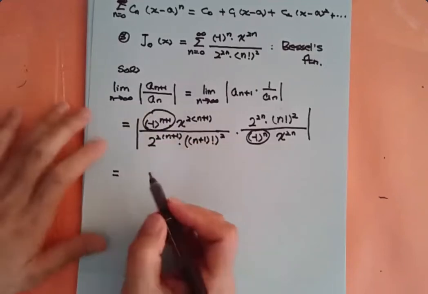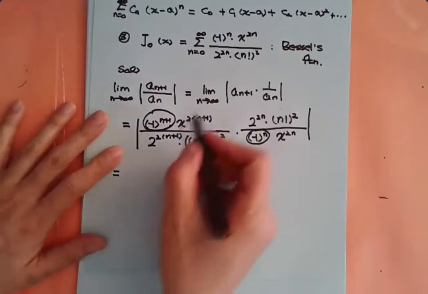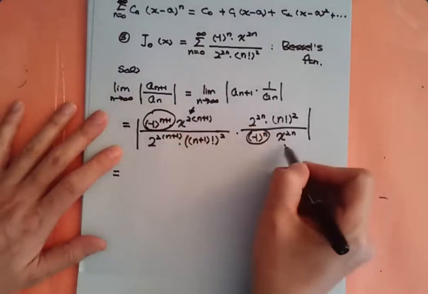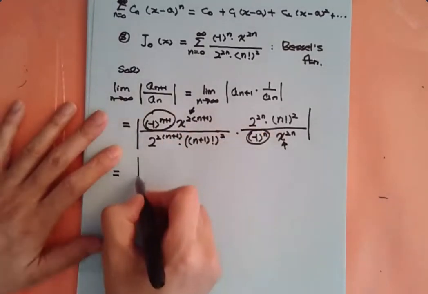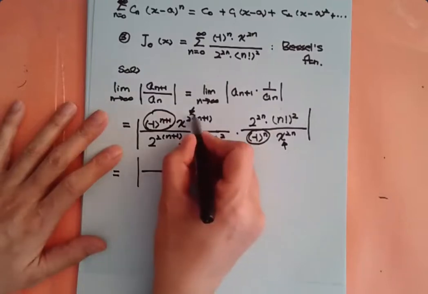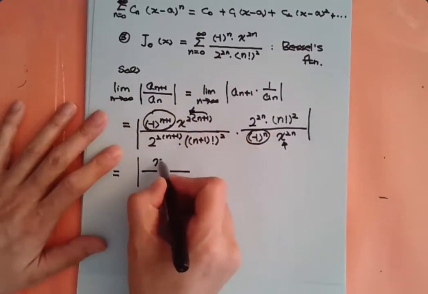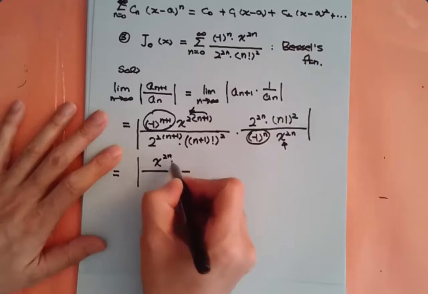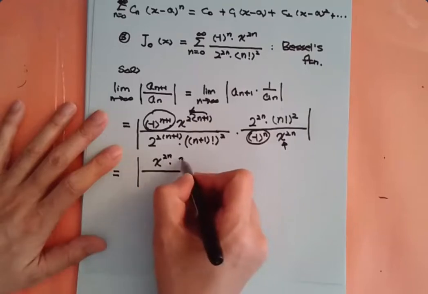And we want to gather similar things together. For the x terms, we can rewrite x to the 2n plus 2 as x to the 2n power times x squared.